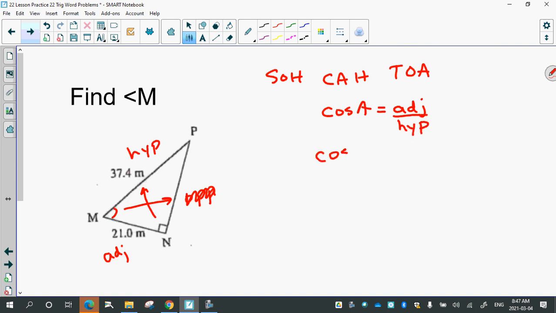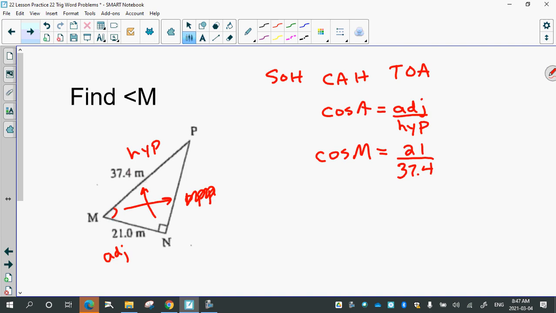It's not angle A I'm trying to find, it's angle M, so I'm going to change angle to capital M. Adjacent is 21, hypotenuse is 37.4. But now I want angle M, so I have to undo cos.